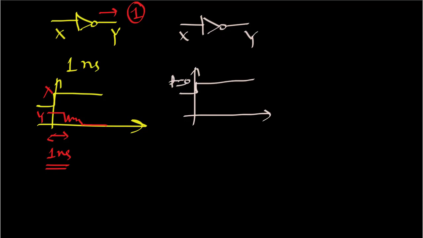The output Y which is changing from the initial state to the final state might take 1.01 nanosecond. Okay, so this is our second NOT gate. Similarly, the third NOT gate might have the minimum time after which the output Y starts changing, let us say 1.02 nanosecond.